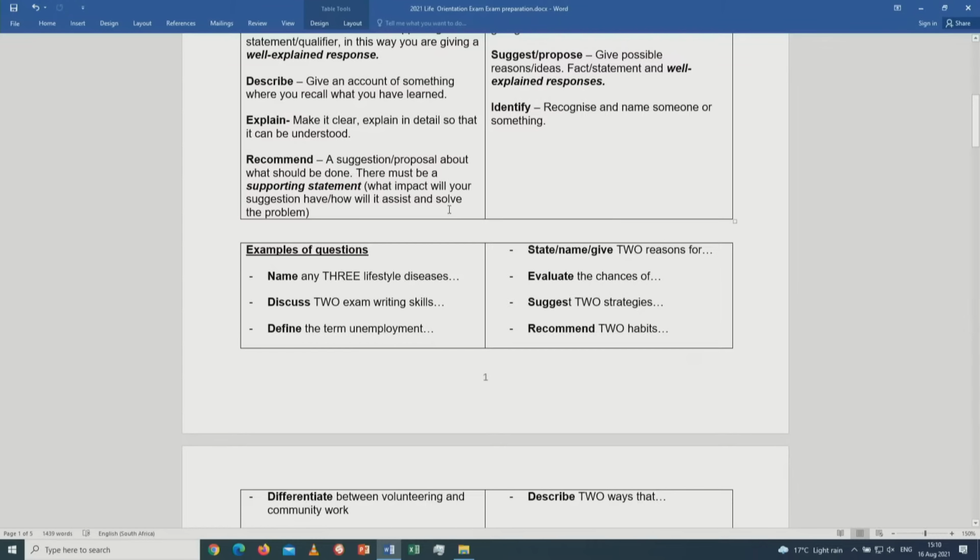As you are supporting your statement, you are saying, I'm recommending this so that this can happen. Now, again, it also depends on the mark allocation. If the mark allocation is 2 marks, then you only need to give 2 parts to that response, which will be your recommendation or suggestion, as well as why you are suggesting it, so that it can bear results.